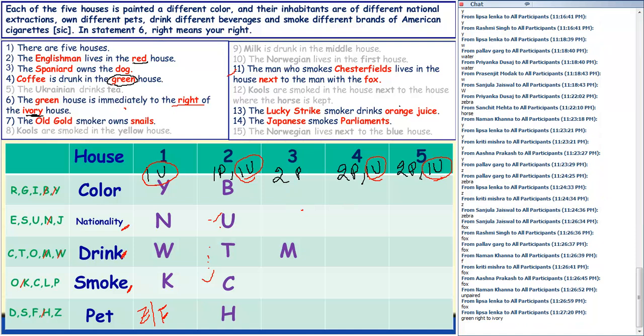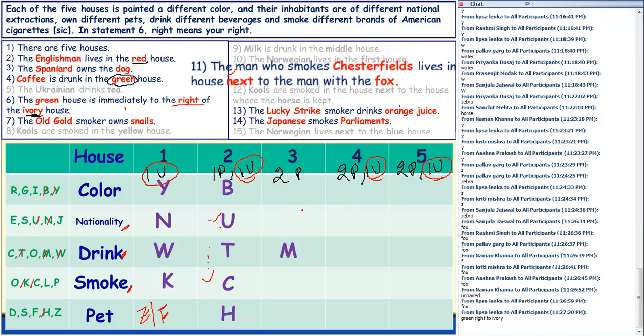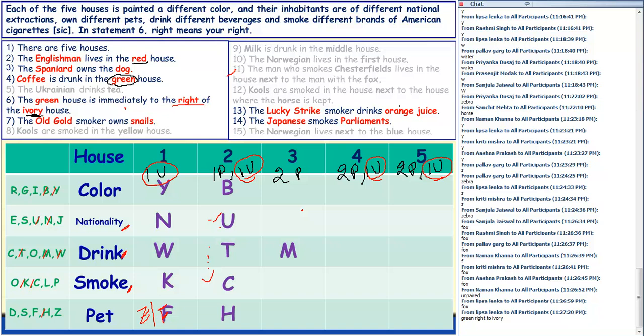That's right. Or you can try with fox if there is confusion. The man who smokes Chesterfield lives in the house next to the man with the fox. So this is the fox, the unpaired item has come to me. I hope that this is clear. Why not zebra? Why fox?